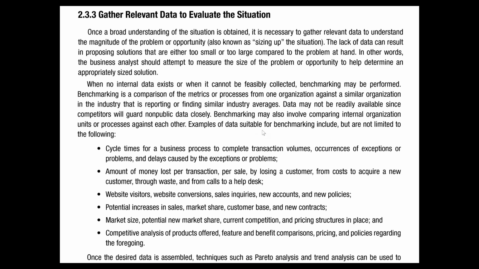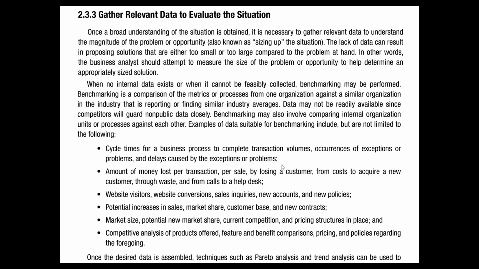Examples of data suitable for benchmarking include, but are not limited to, which means these are not the only examples. There could be other examples also. Like it says, cycle times for a business process to complete, transaction volumes, occurrences of exceptions or problems, and delays caused by the exceptions or problems.